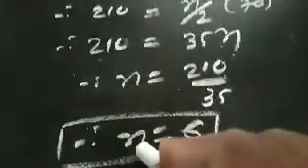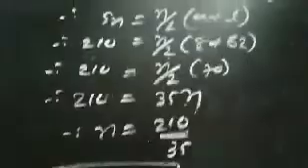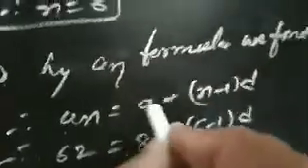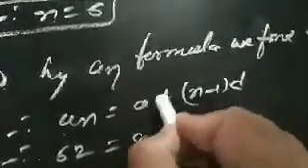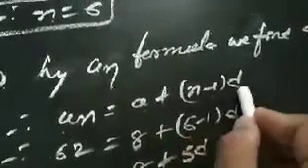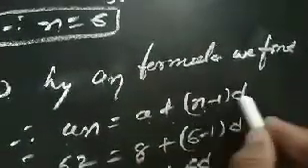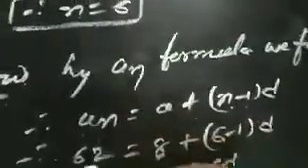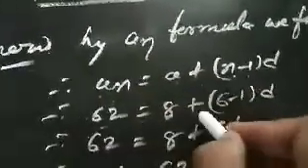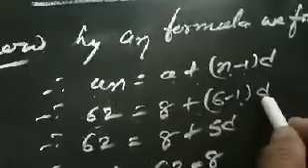Now we use this n to find d by the an formula. Here an is equal to a plus bracket n minus 1 d. We have a, n and an. So an here, 62, is equal to 8 plus 6 minus 1 multiplied by d.